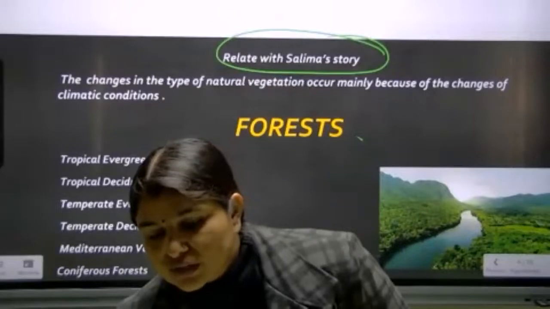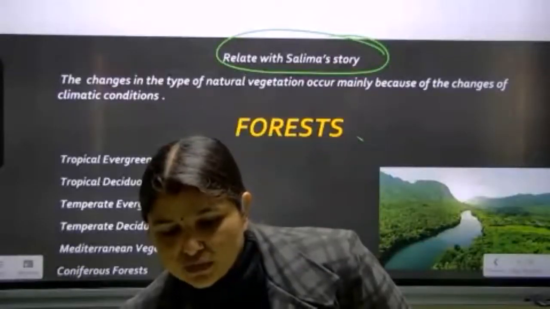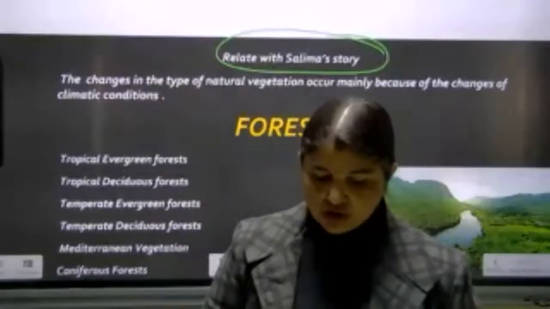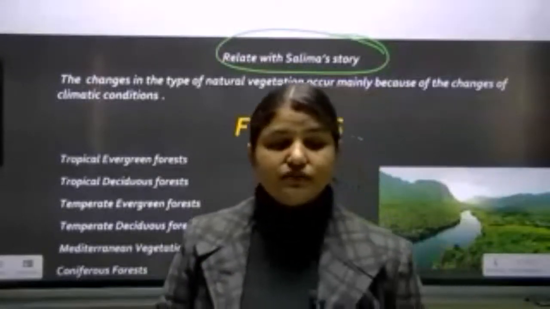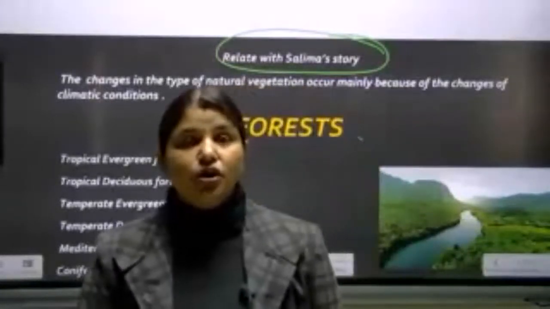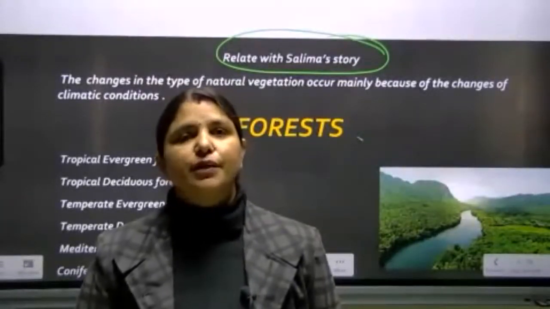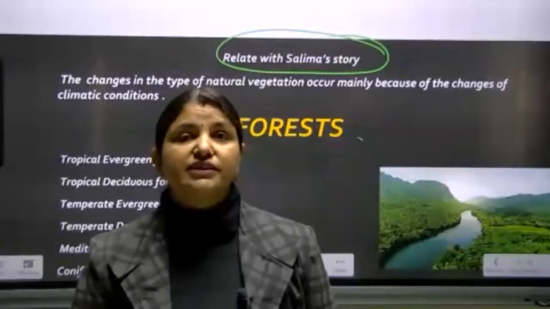Because of the climate of the particular places, or the thickness of the soil, that is different, and because of that the natural vegetation or the wildlife which we find in a particular place is completely different from one place to another.